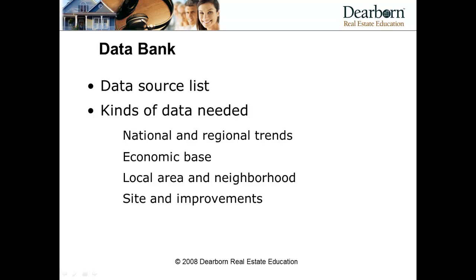And so your first time through an appraisal report or the first time working in a new neighborhood, there's going to be quite a bit more time required to build up this foundational knowledge and to gather the data you need.